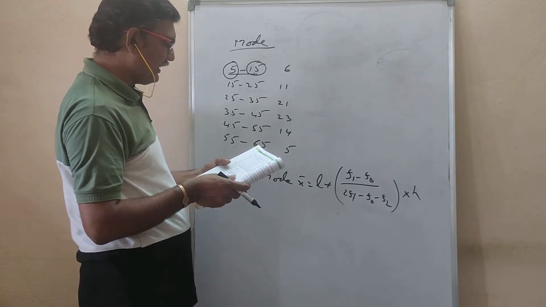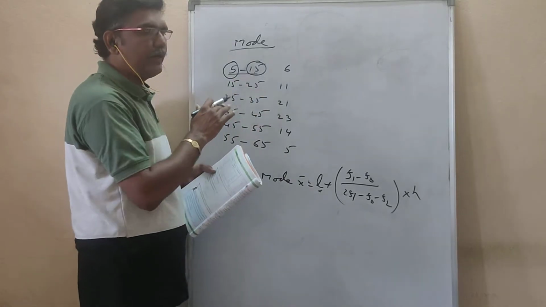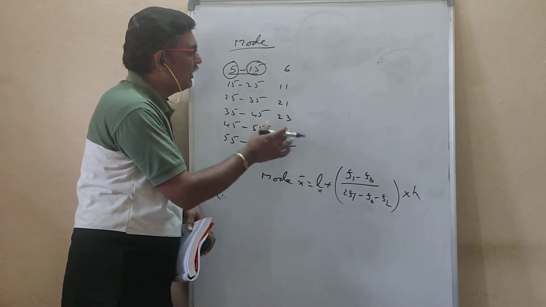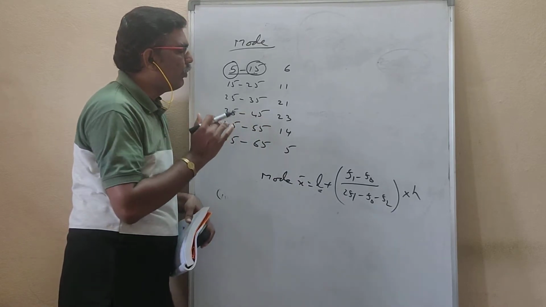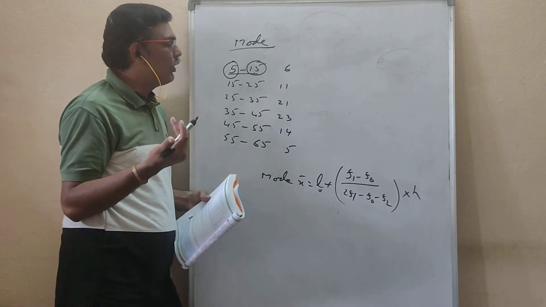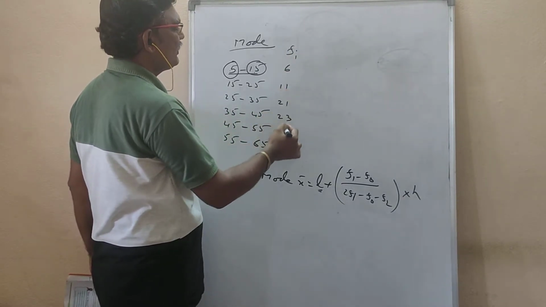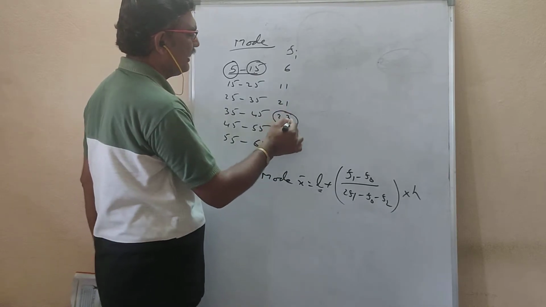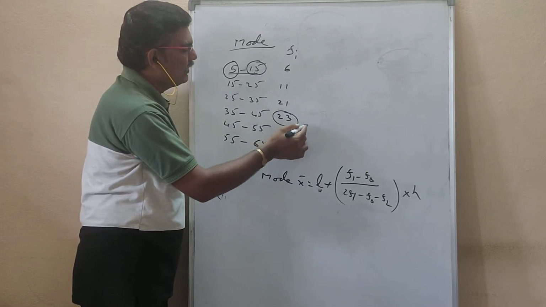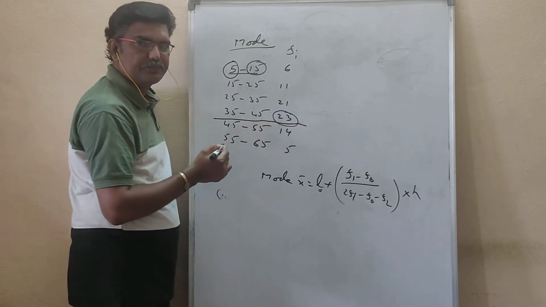So L means the lower boundary of the modal class. First we should know what is meant by modal class. In frequencies, see which number is greater. 23 is the greatest among the entire list. So where this 23 is, underline it with a pencil.